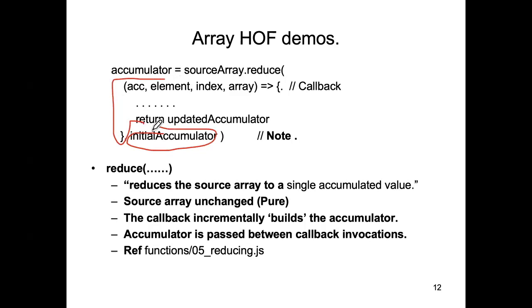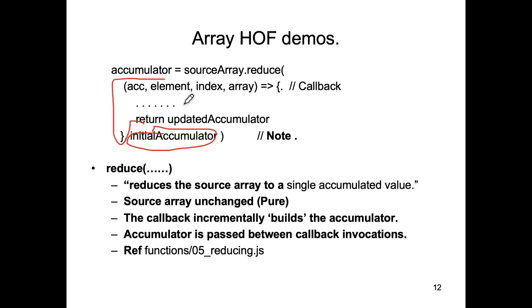Now, if the accumulator is simply a primitive, like maybe a number, then maybe the initial value is 0 or whatever. But if the accumulator is something more complex, like an object, then we need to pass it the initial value for that object. And the idea is in the callback that you pass to reduce, the callback incrementally computes the accumulator as it's processing each element in the array one by one.